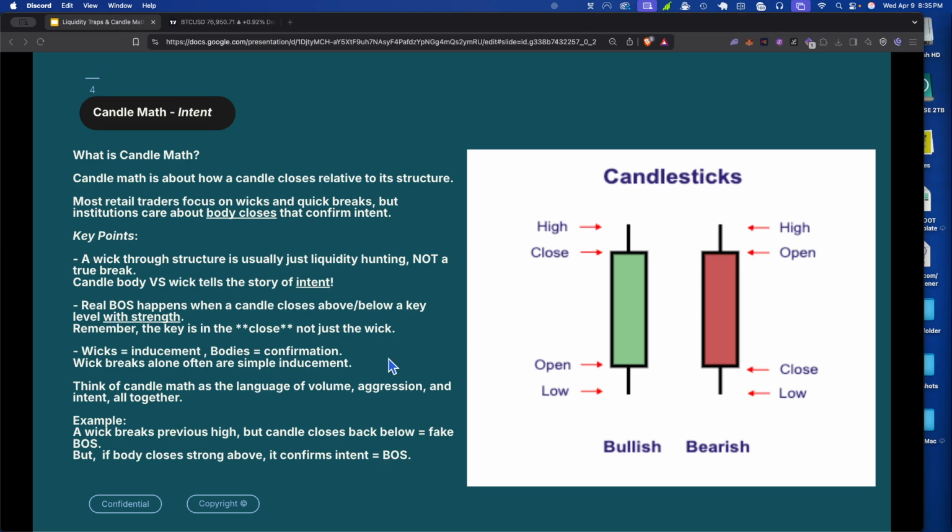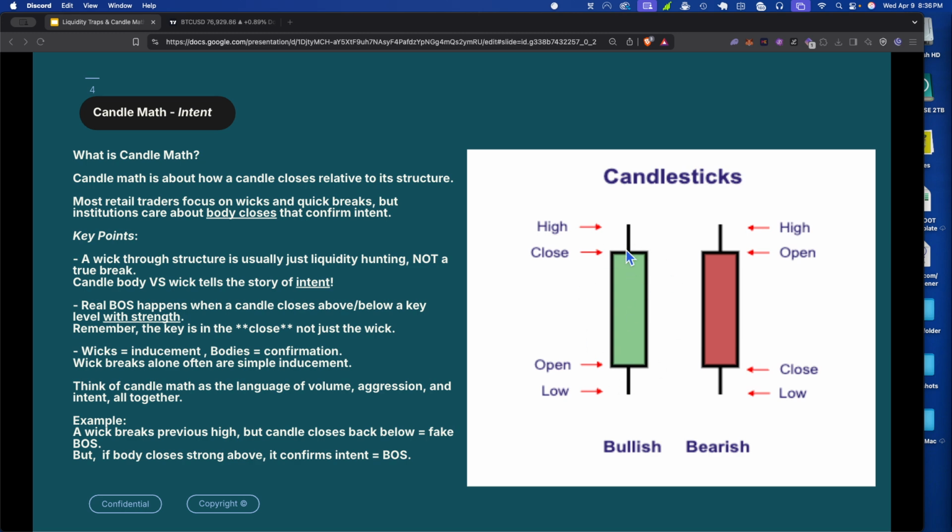So let's have a look first at the candle. Now, for some of you, in fact probably for most of you here on the live, the first part of this masterclass is going to feel a little bit easy. What is the candlestick? It's pretty simple. If it's a bullish candlestick, it has an open, and here we have a close, which is when the candle closes.